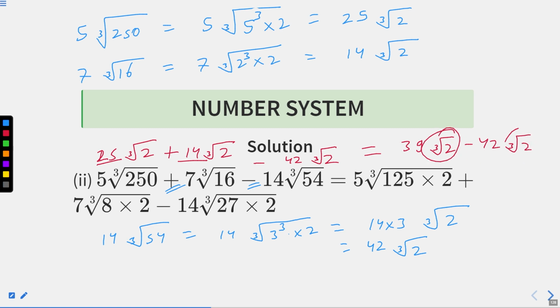Now these terms have the same radicand, so we just have to do 39 minus 42, which is minus 3. So we are left with minus 3 cube root of 2. So the final answer is minus 3 cube root of 2.